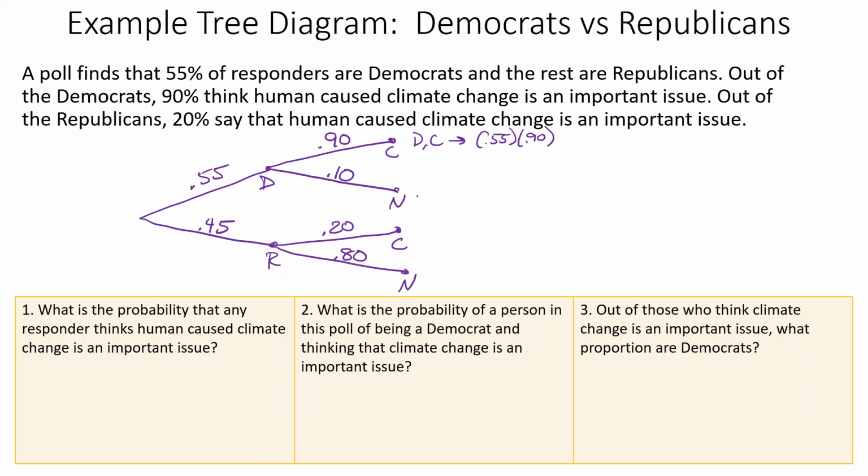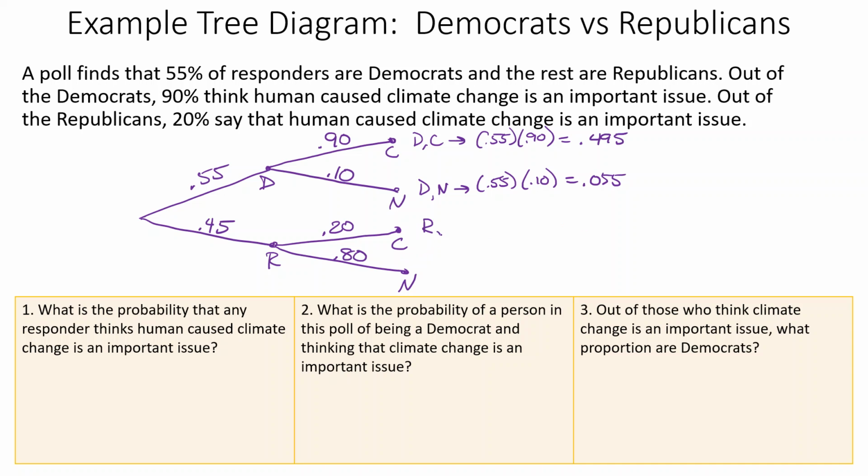Come back to that in a second. This is Democrat and not important, 0.55 and 0.10, which is going to be 0.055. These two have to add up to 0.55, so this will be 0.495, I believe. Yep, that looks like that checks out.